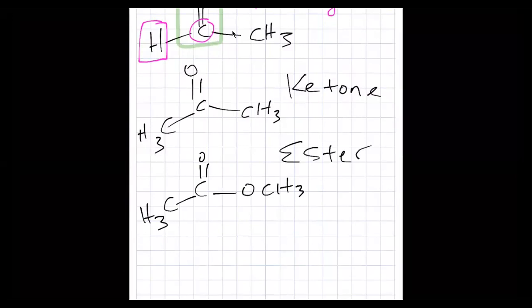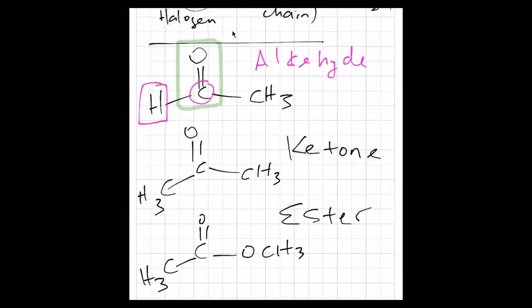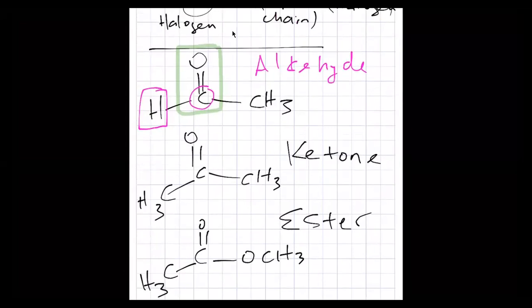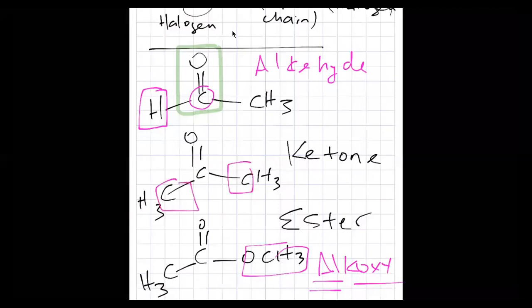Look at the difference, right? The ester has what we call an alkoxy group. The alk for the carbon, the oxy for the oxygen. So it's alkoxy, right? Ketone has carbon on either side of the carbonyl.